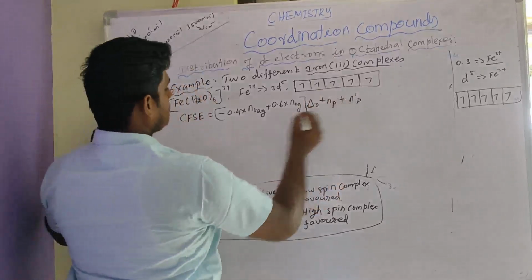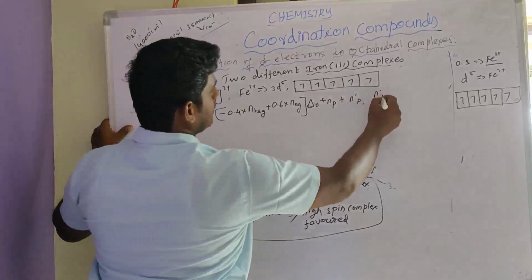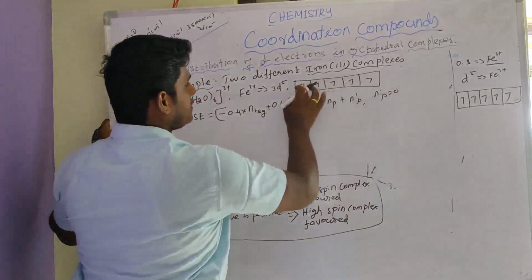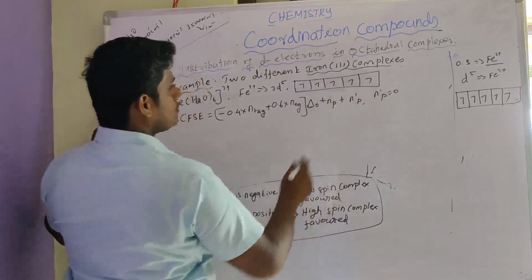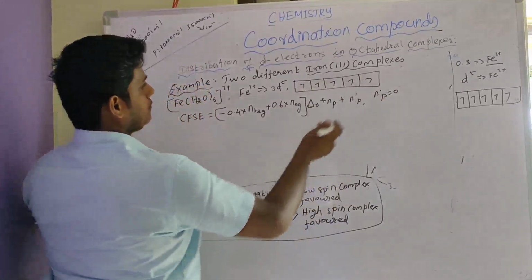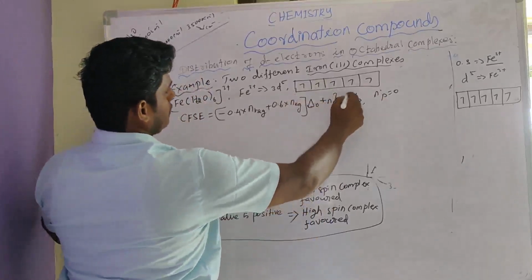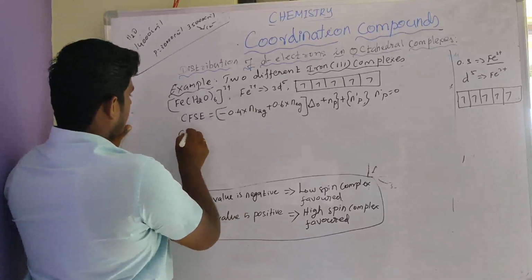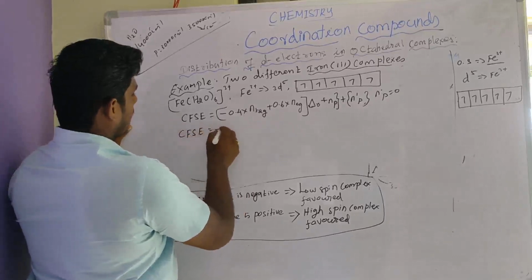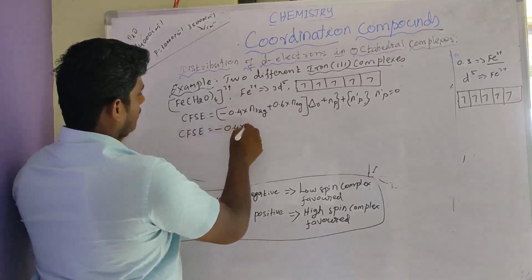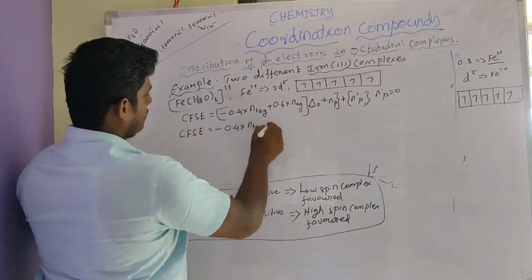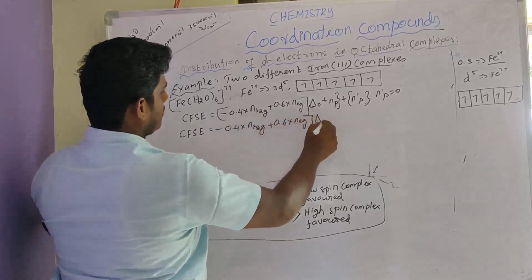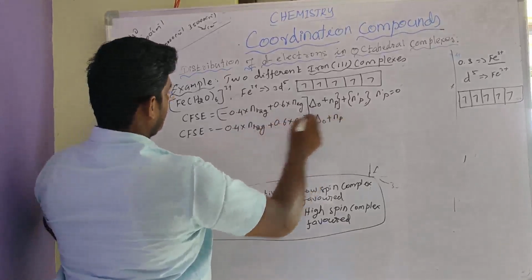Here n'P equals 0, because there is no pairing energy for d electrons, so you can take it as 0. So finally, the formula: CFSE equals minus 0.4 times n(t2g) plus 0.6 times n(eg), times delta naught, plus the pairing energy.